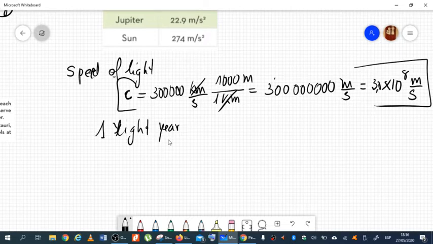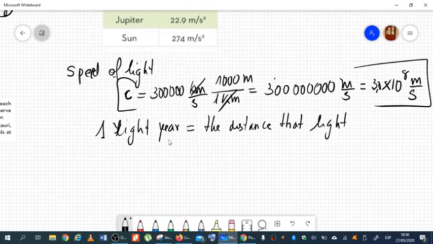Okay, 1 light year is, you can copy it, the distance that light travels in 1 year.